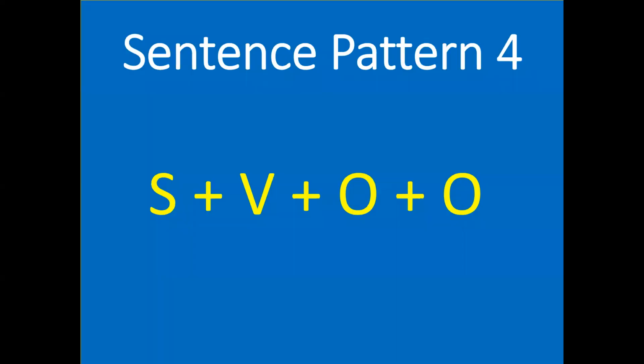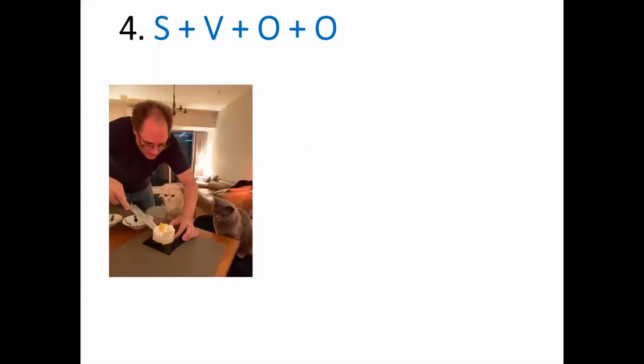Now, turning to sentence pattern 4, SVOO, the difference, of course, between this pattern and the previous one is that instead of just one object, there are 2. And importantly, both of these objects are necessary to complete the verb argument of this particular construction. This picture, I think, is pretty self-explanatory. I gave them cake.